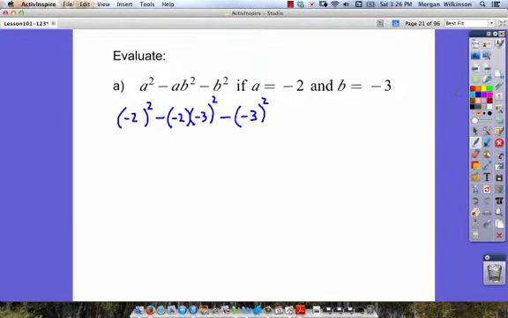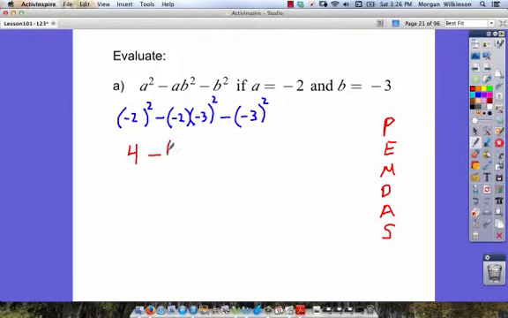Now we'll go ahead and simplify. Remember our order of operations. Parentheses, exponents, multiply and divide, add and subtract. So, everything within parentheses is simplified. We can't do any of the operations in there because there are none. So we need to do exponents next. (-2)² means negative 2 times negative 2, which must be positive 4.